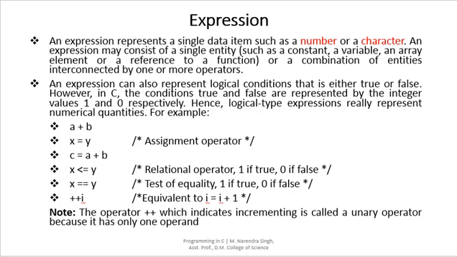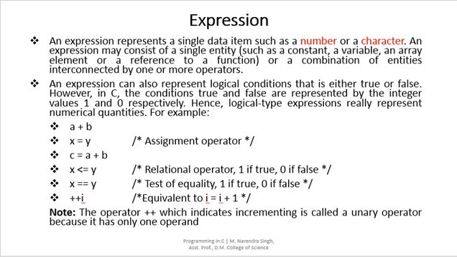For example, A + B is an expression consisting of two data items A and B interconnected by an operator plus. When evaluated, its value can either be a number or a character. Similarly, x = y is an expression consisting of two data items x and y interconnected by an operator equal to.